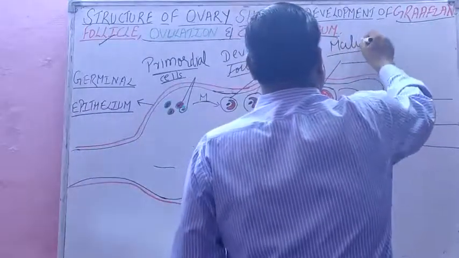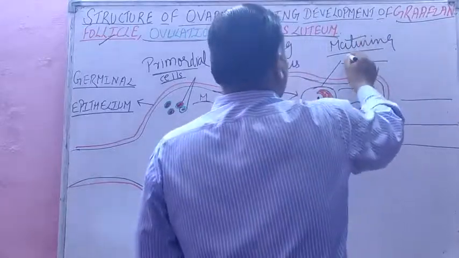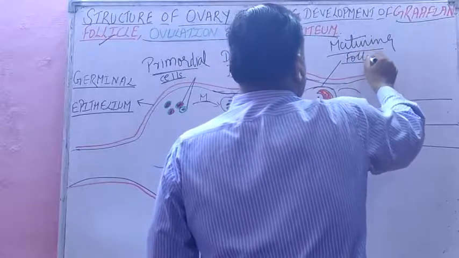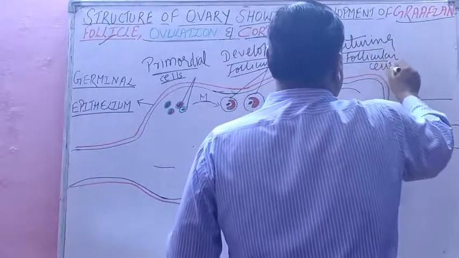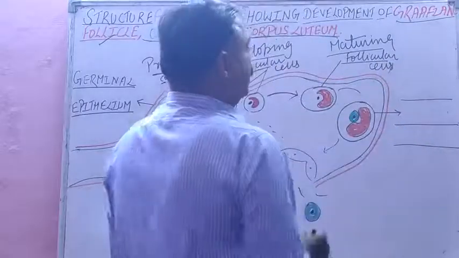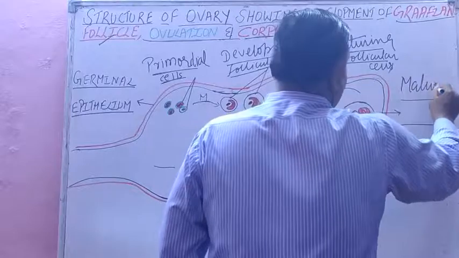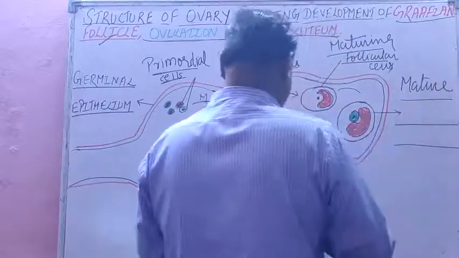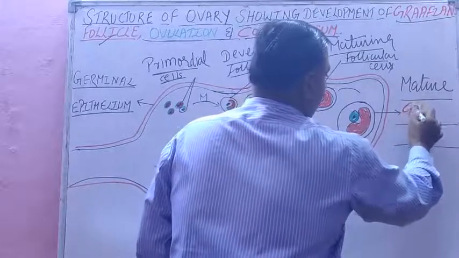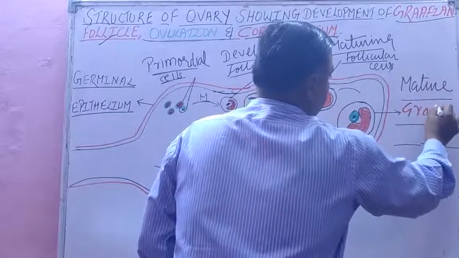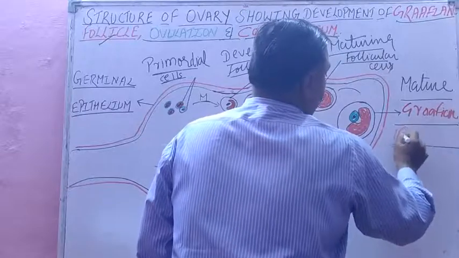Now this developing follicular cell will grow to form maturing follicular cells. Ultimately, this will become mature. Pay attention, students: mature Graafian follicle, or ovarian follicle.